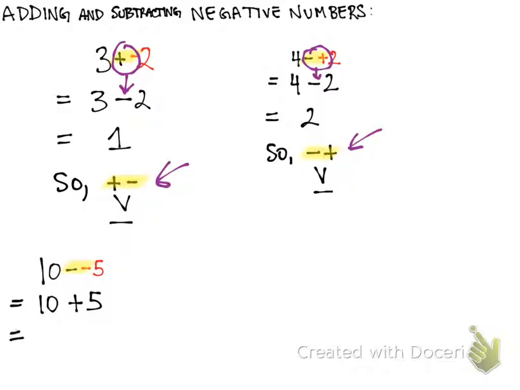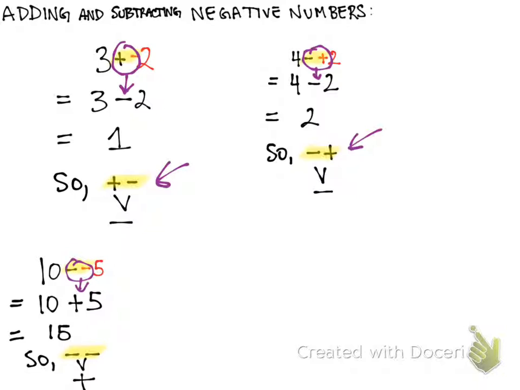Finally, if I have 10 minus negative 5, notice that negative 5 is a whole number all by itself over here. 10 minus negative 5, these two negatives, they become one single positive. They simplify and they become one single positive. 10 minus negative 5 becomes 10 plus 5.